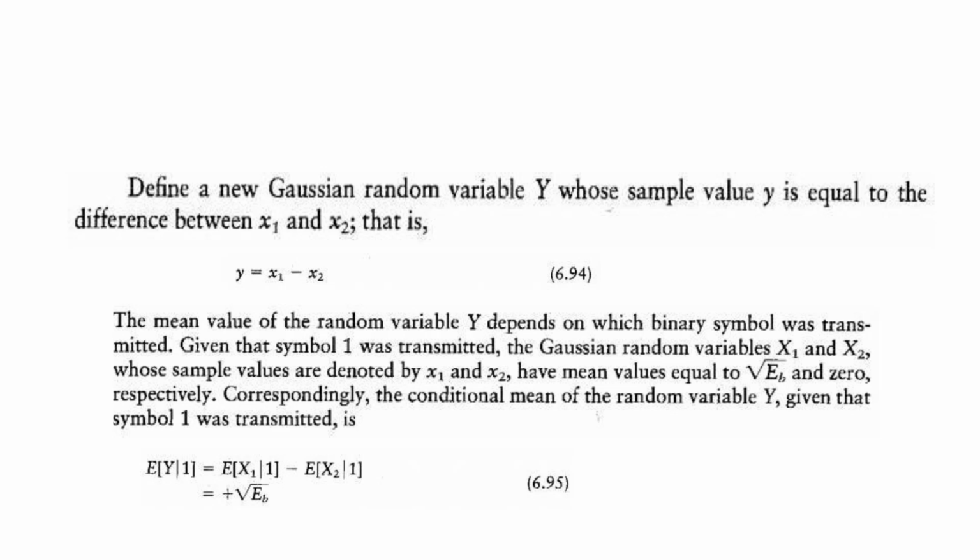Given that symbol 1 was transmitted, the Gaussian random variables x1 and x2 have mean values root Eb and 0 respectively.